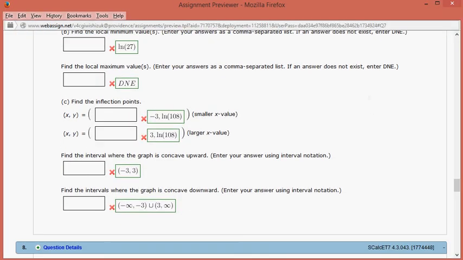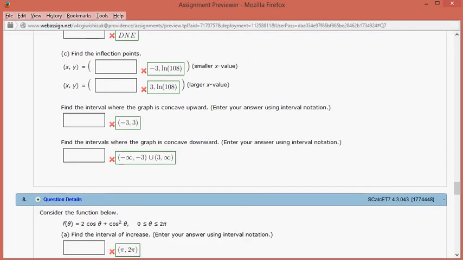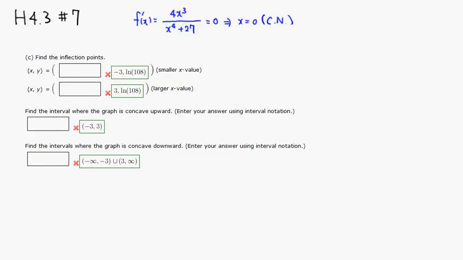So go up here. We want to find the inflection point. Let's do that. For part C, we want to find the inflection point, so we have to take another derivative. So f double prime of x is equal to, using the quotient rule, we square the bottom, so you have x to the fourth plus 27 squared. 4 is just a constant, so I'll put it in front.